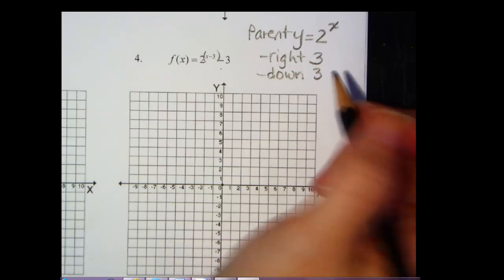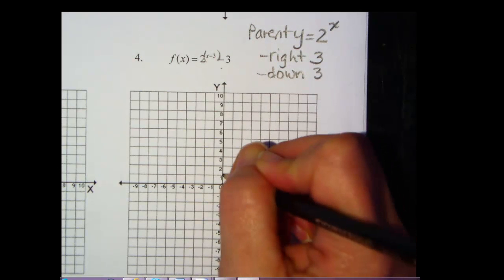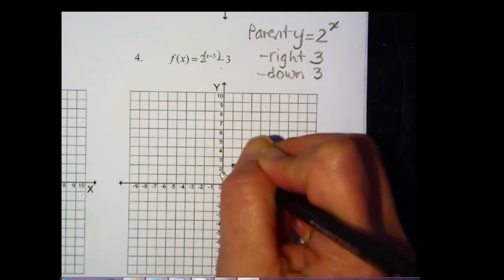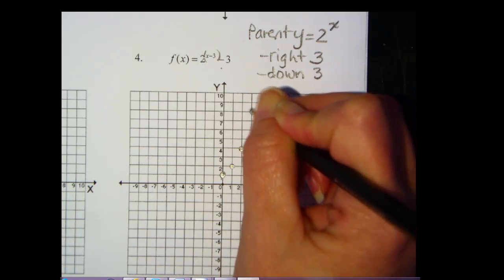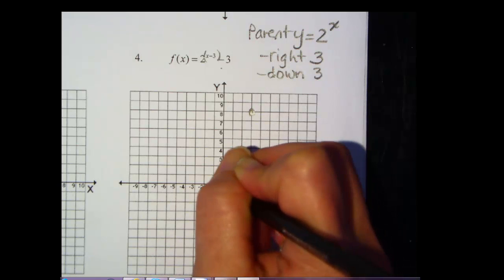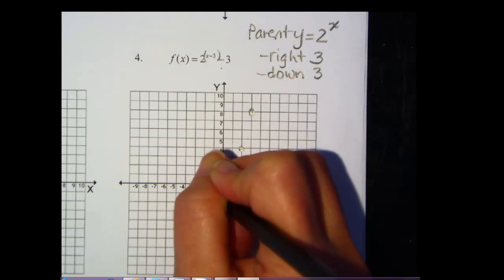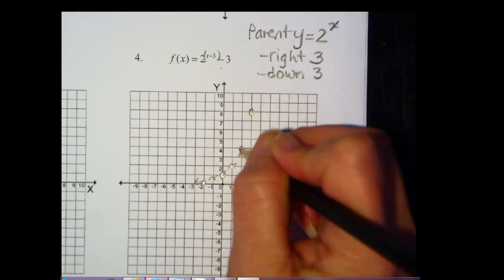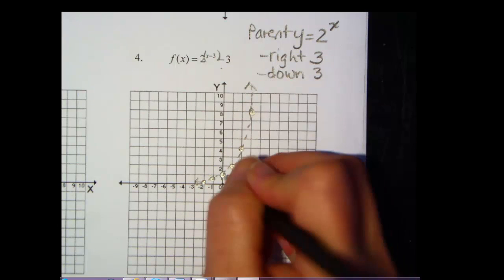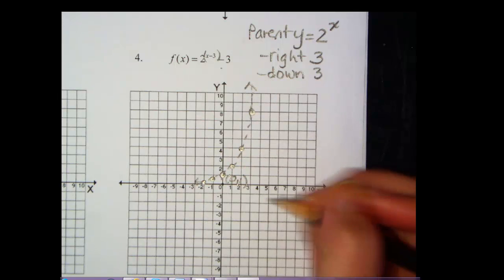So we'll start with our parents, 2 to the x. 2 to the 0 is 1, 2 to the first is 2, 2 squared is 4, 2 cubed is 8. 2 to the -1 is 1/2, 2 to the -2 is 1/4. And there's our parent, 2 to the x, with its anchor point of 0, 1.